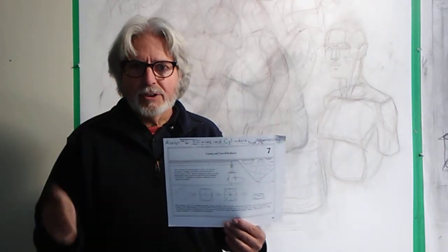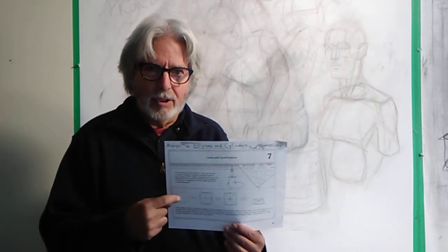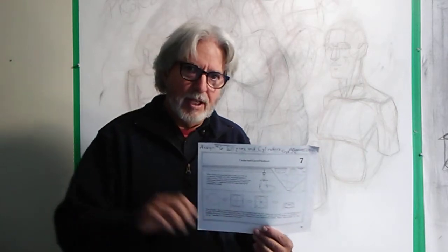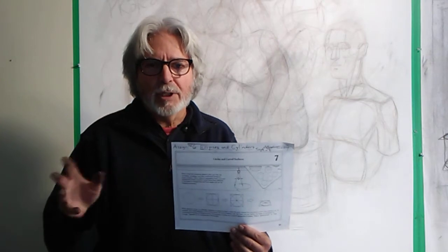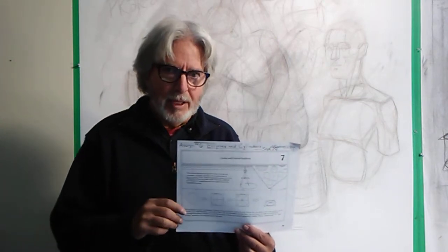I'm going to show you some things on the paper behind me, and then I'm going to say, draw 8 of these or 10 of these, and then you want to stop this tape and do those. Then I'm going to show you another page and talk about another idea with ellipses, and then I'm going to say draw so many of those, turn off the tape, draw so many of those, turn it back on again, and we're going to be going through it that way, which I think will work the best for you.